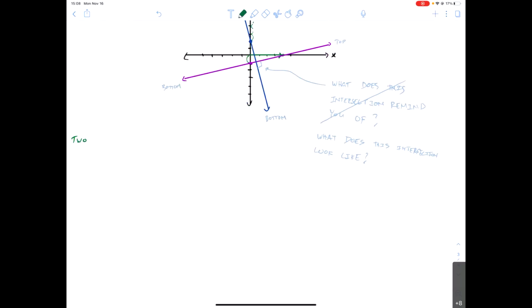Two lines that intersect and form or create a 90-degree angle are called perpendicular lines.